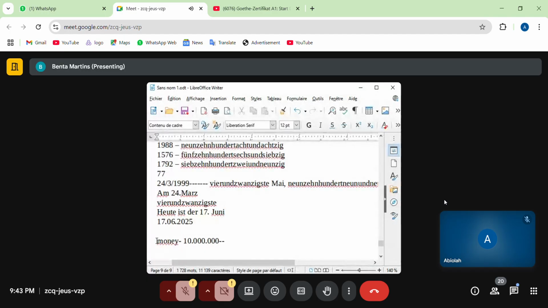Because remember, you're not using ordinal numbers only for dates. You're using them for numbers of sequence too, like the date of birth, or the 10th car, the 5th car, the 100th car. So that's how it is.